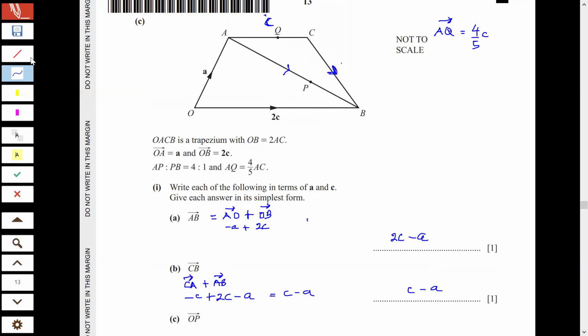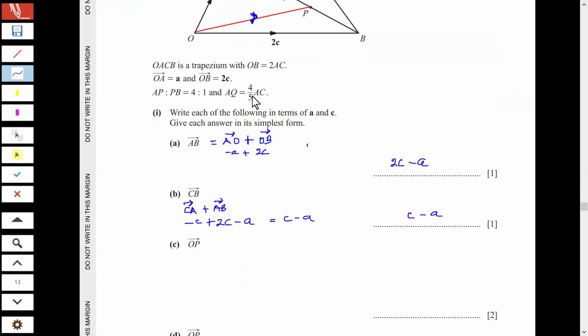To find vector OP, OP is going to be vector OB plus vector BP.